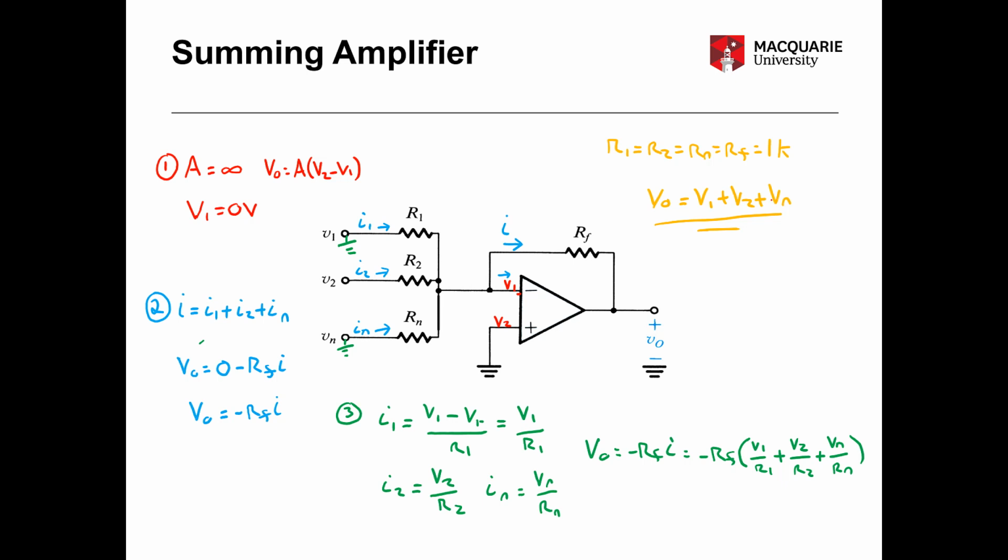And by changing R1, R2 and Rn relative to each other, you'll change the weight of that particular input voltage. So you could give more weight to V1 by adjusting the value of R1 relative to R2 and Rn. So this has a lot of different options and a lot of configurations and ways it can be set up depending on your purpose. But for this simple analysis, you can see how it results in these added voltages, and hence why it's called the summing amplifier.